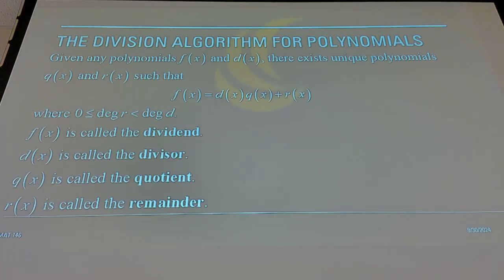You can divide f of x by d of x with no remainder. The remainder is 0. We don't really typically say that f of x is divisible by d of x. We would just say that d of x is a factor of f of x.